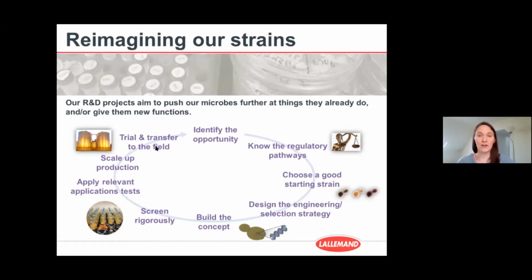Those have been our key areas for success so far. And I want to say that for me as a molecular biologist, working within a company that can do everything in this cycle, including the scale up and the production, is very exciting, because then you know that the things that you're working on in the lab have a good chance of actually making it into the field.